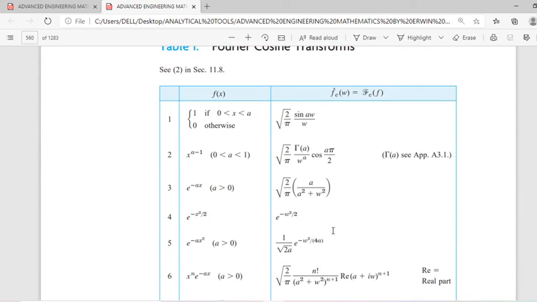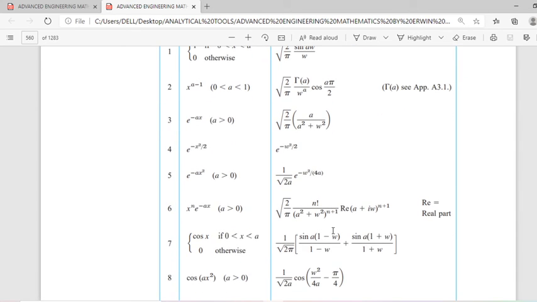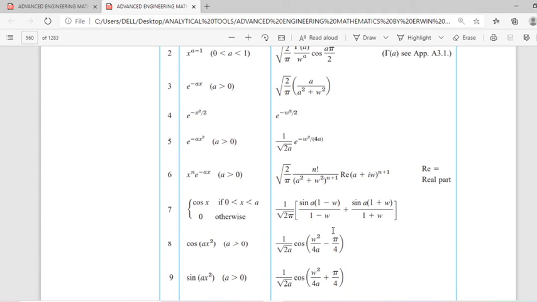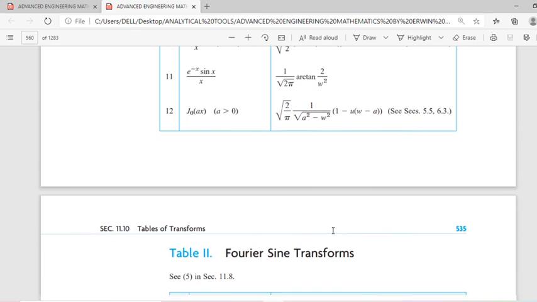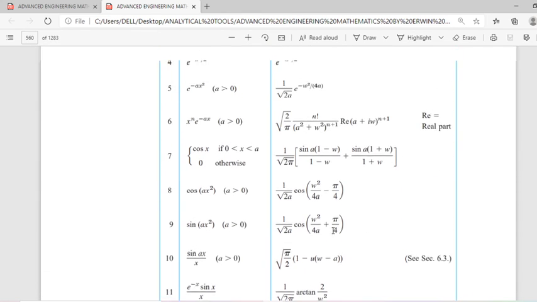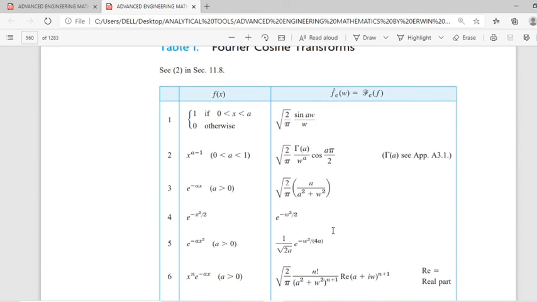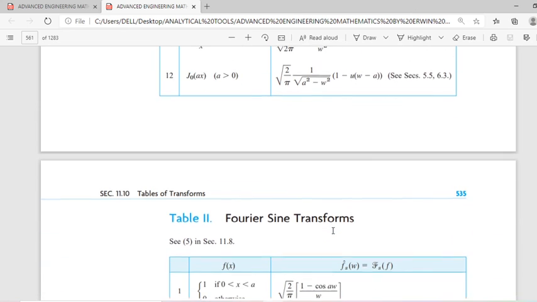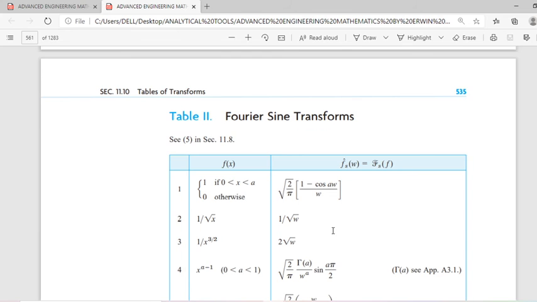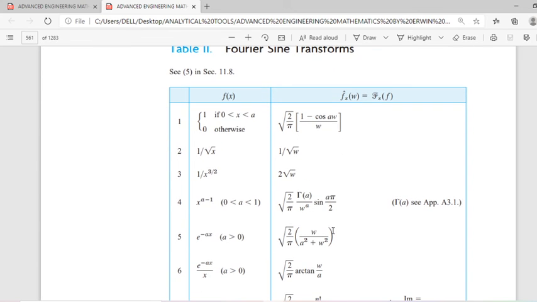This is the table we have mentioned in the last exam. You can try for getting the answers of these problems, or you can use this table as such. Anyway, no problem. This is table 2, the Fourier sine transform.